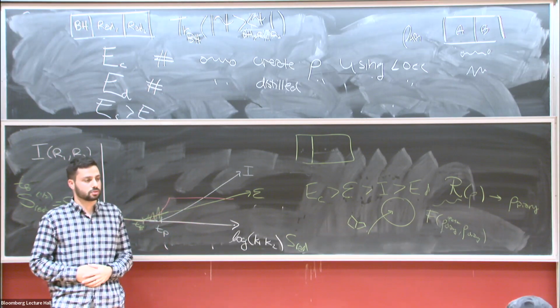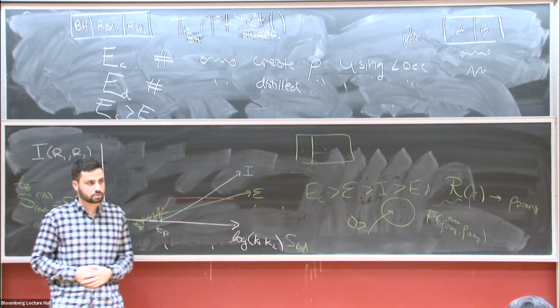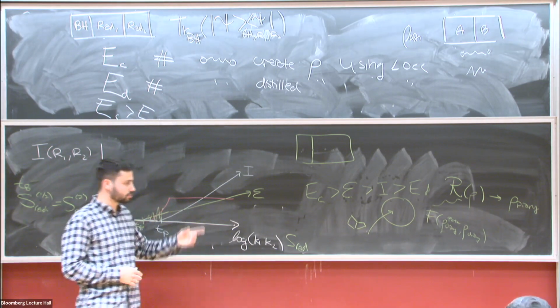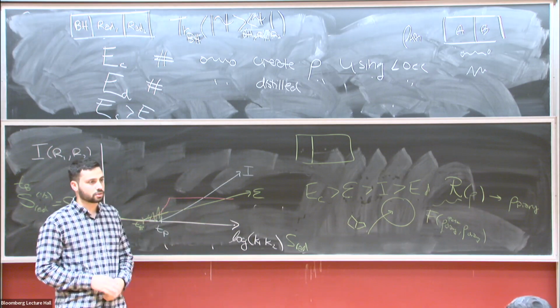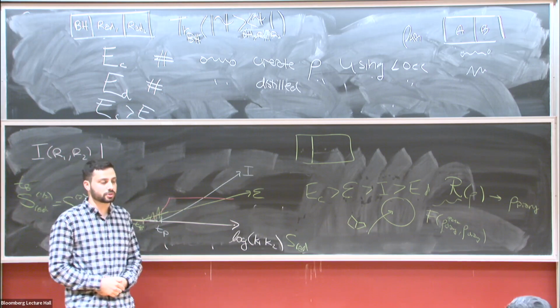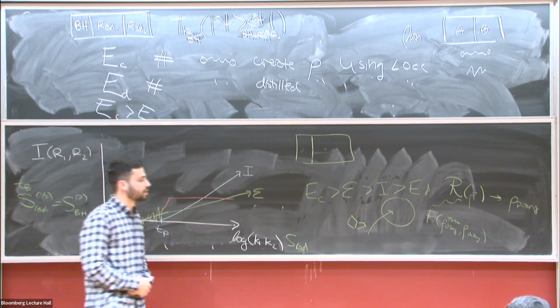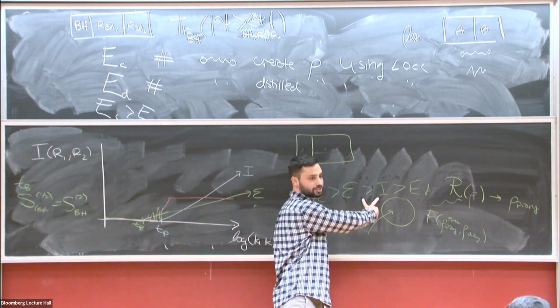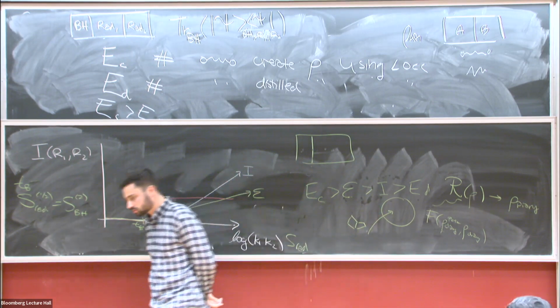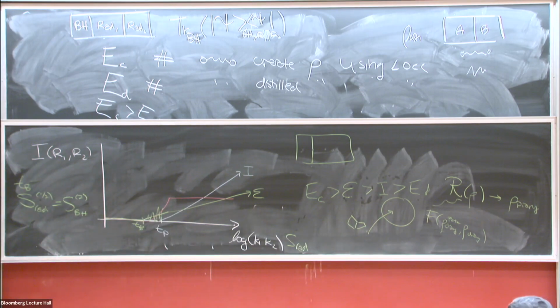Could you do this in a CFT where you can do the calculation, for example, free fermions? Yes, with free fermions you can compute both of these things. And if you did a quantum quench in a free fermion? No, these are almost identical. So it definitely depends on the dynamics of the theory.